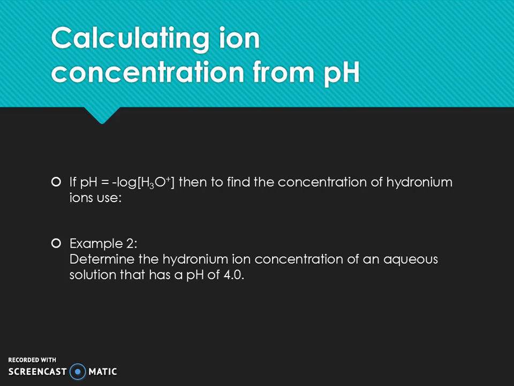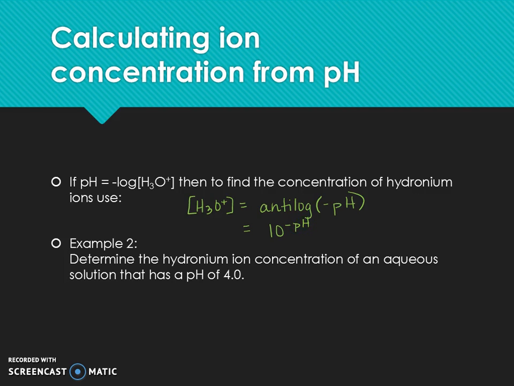So in order to rearrange that, we would have to take the anti-log. If we want to know the hydronium ion concentration, we would do the anti-log of the negative pH. So in essence, what we're doing is 10 to the negative pH, right?